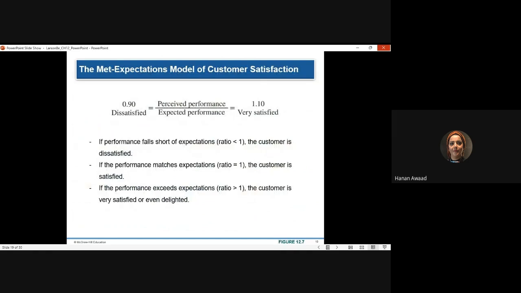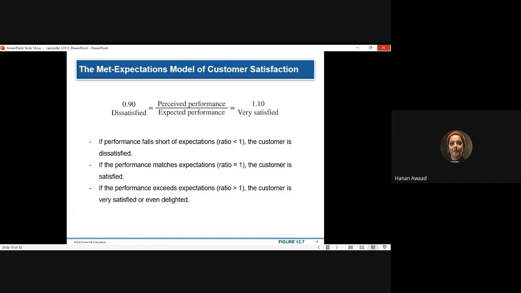When we deal with customer relationships, with a real customer, we try to assess customer satisfaction through surveys, through informal communication, through structured or unstructured interviews.